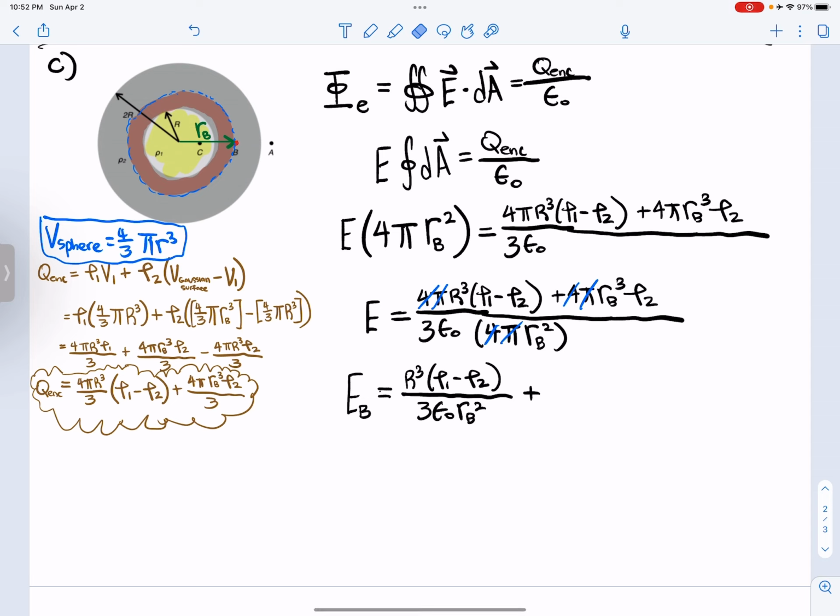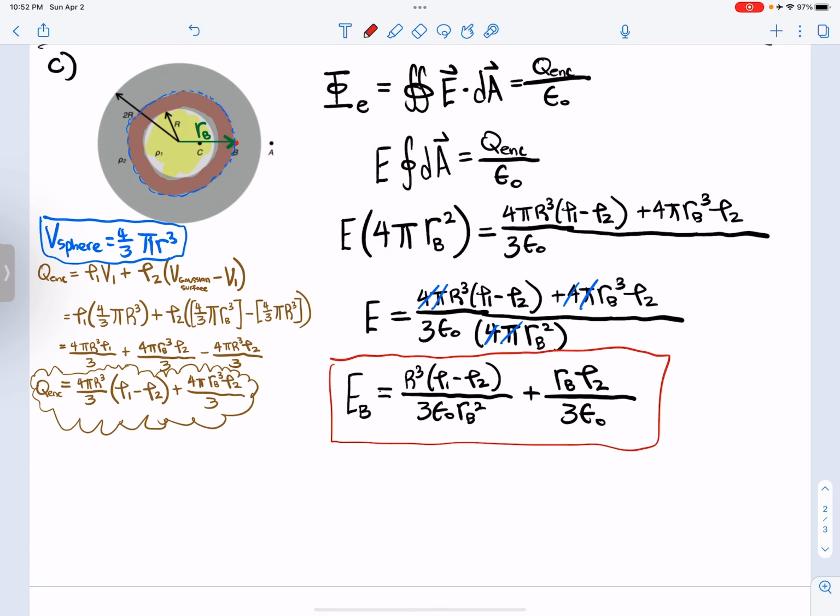So then I would just be left with rb rho 2 divided by 3 epsilon naught. Okay. And that's going to be my final answer for my electric field at point B. Okay.